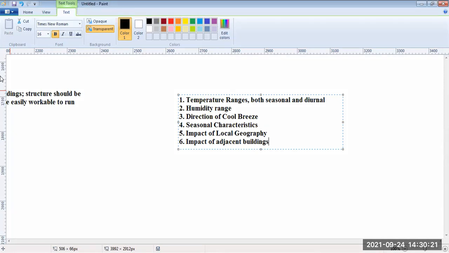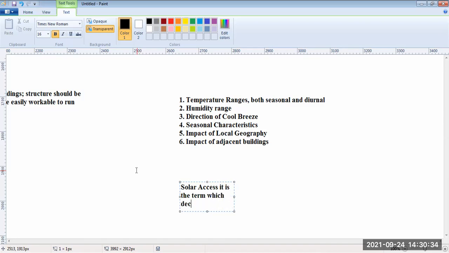What we call the solar axis is the term which describes the amount of useful sunshine striking the glass in the living spaces of a home. So that is solar access.